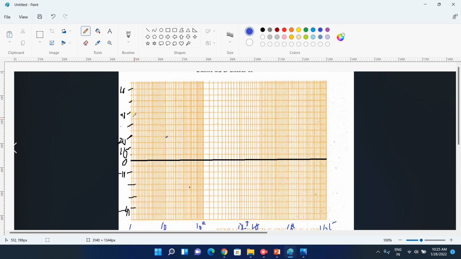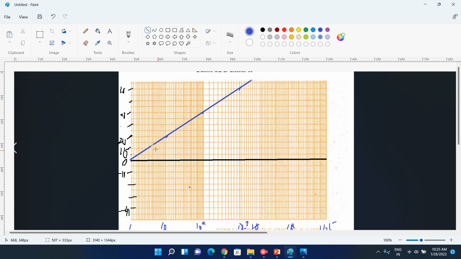From 0 to 20 you will cut a line, and from 20 to 40 you will cut a line. From 0 to 20 you are covering one decade, because the 0 will be here, and the 20 you have to cut where the x-axis is 10. From 20 to 40 you are also traveling one decade, then 40 to 60 another decade, and so on.